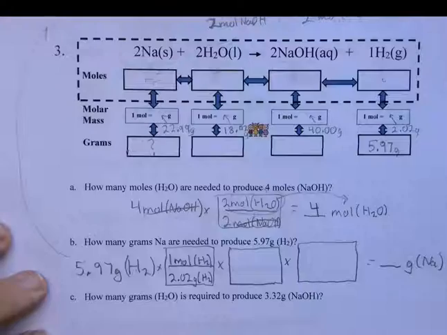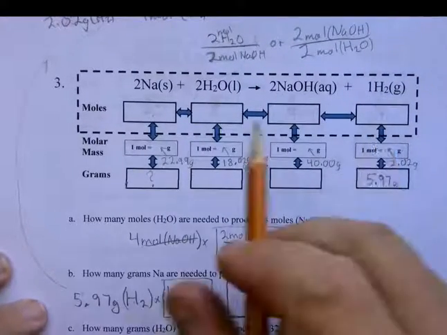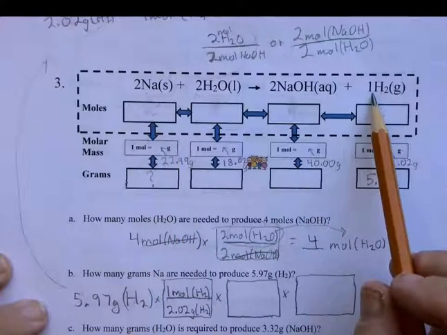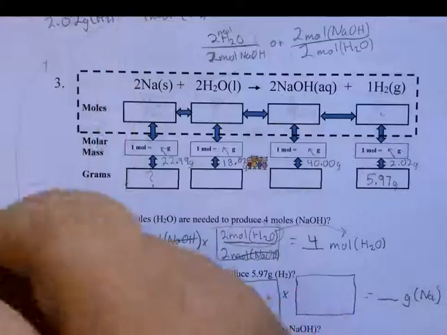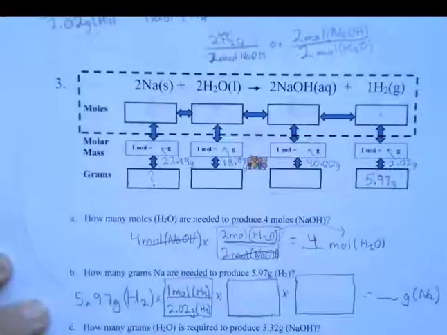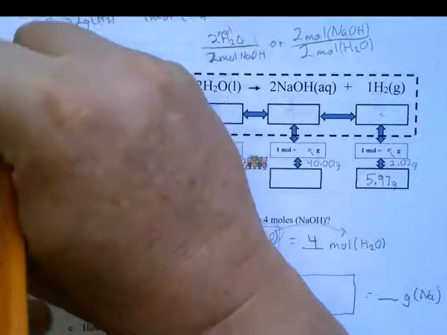Okay. Next one, we've got to now get from moles of H2, that's where we're sitting right now, over to moles of Na. And you can see there's 2 moles of Na for every 1 mole of H2. So let me create a little space here. I'm going to write that right here. So there's 1 mole of H2 for every 2 moles of Na.